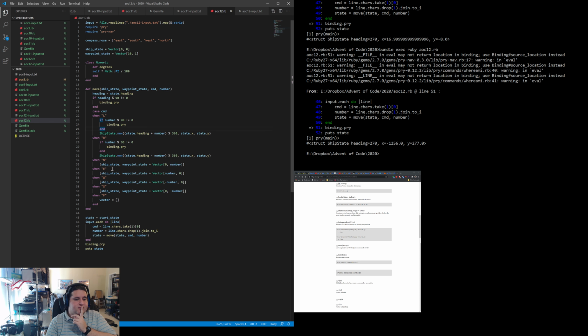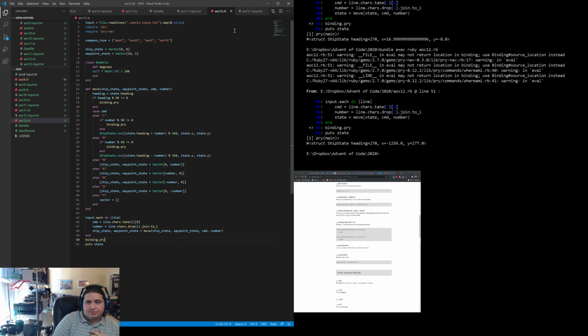Okay, so now we're doing vector arithmetic. So then, when given a ship state and a waypoint state, ship state, waypoint state equals the move given the ship state, the waypoint state, and a command and a number.